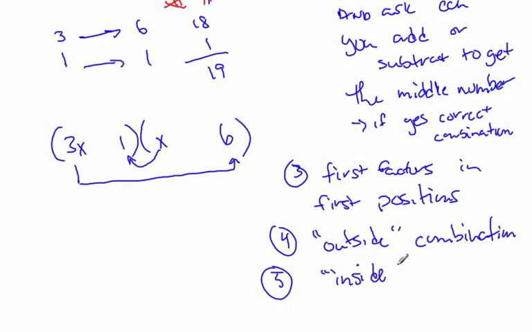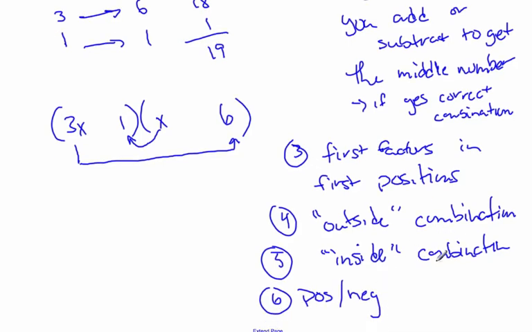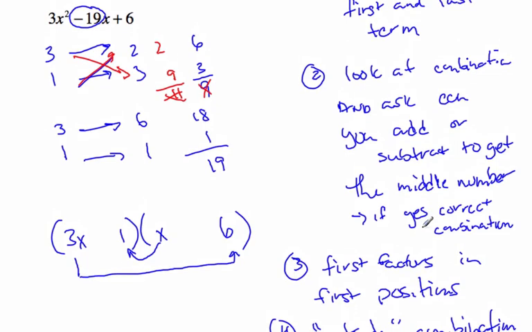And last, we have to start considering the signs now. If we go back and look at our original equation, when we multiply the last terms, we need to get a positive number. So it's either positive times positive or negative times negative.